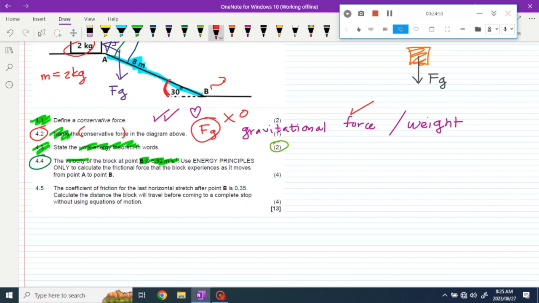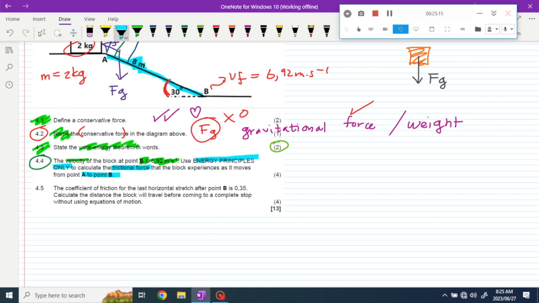We're going to go to our sketch, and over here we're going to say v final equals 6.92 meters per second. We fill that in. It's information that has been given to us. Then they say use energy principles only to calculate the frictional force that the block experiences as it moves from point A to point B.